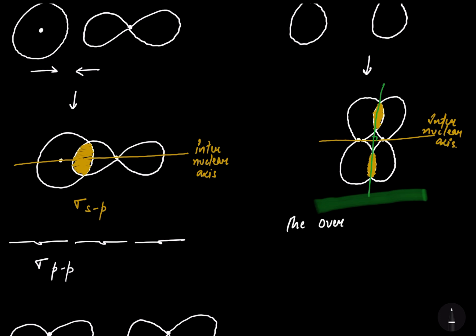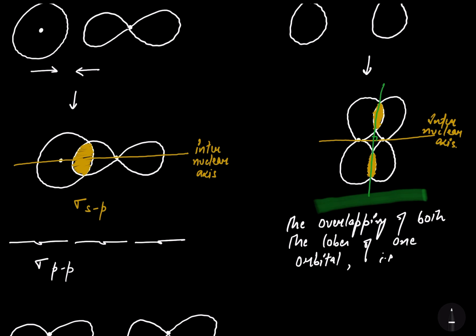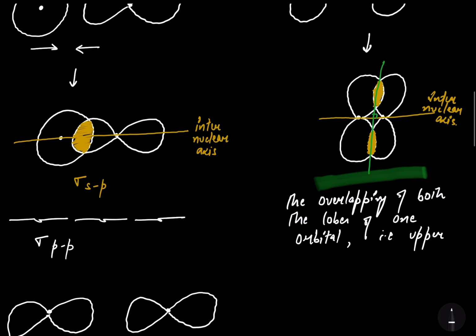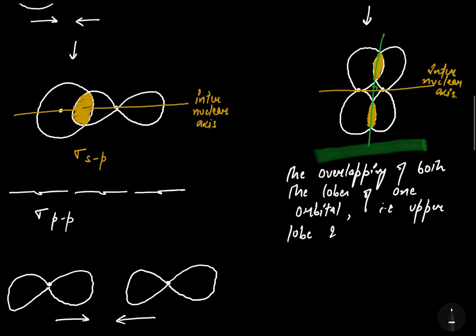The overlapping of both the lobes of one orbital, that is the upper lobe and the lower lobe, will give rise to one pi bond.